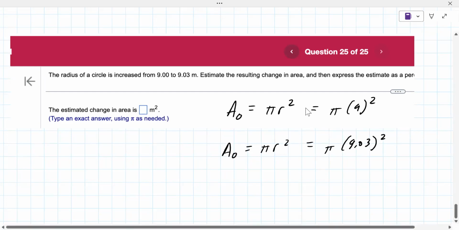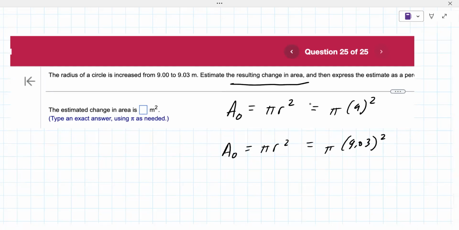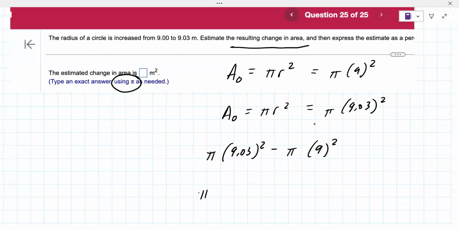So you need both of these numbers. Now the resulting change in area is the difference between them. Pi 9.03 squared minus pi 9 squared. Since it wants an exact answer using pi, you basically ignore the pi and just do the 9.03 squared minus the 9 squared.